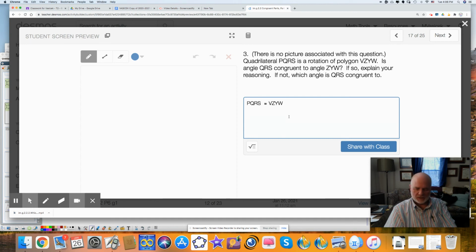And the answer is yes. Why? Because these two angles match up in the letters. The last three letters of this one, ZYW, match up with QRS. Why? Because the letters line up in the congruent statement. Therefore, the angles, the corresponding parts of these two congruent figures, must be congruent. CPCFC.